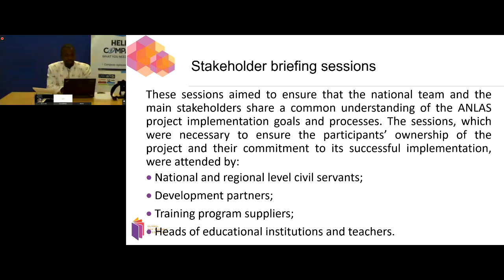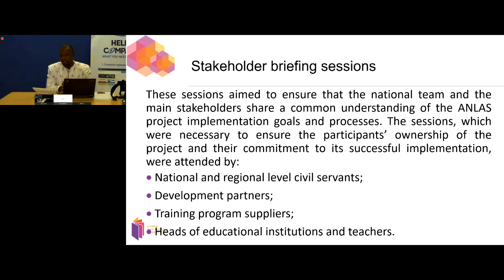This first phase was to inform all the stakeholders of the objectives and the process of implementation of ANLAS, with civil servants, the heads of schools, our partners, our team, which enabled us to support the common understanding of the objectives and of this process for the implementation of ANLAS, not only within the national team, but also with all the stakeholders.